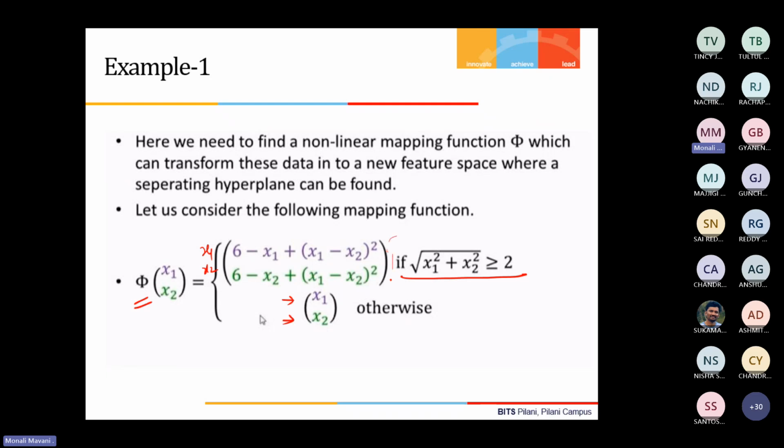We are using this function to understand the nonlinear SVM concept. For the transformation, these are the equations. First, some conditions are checked. If that gets satisfied, we individually transform each of the x1 and x2. Otherwise, we retain them as they are.